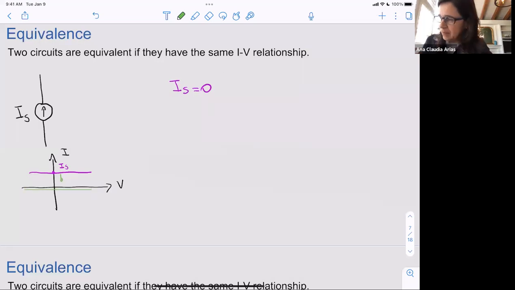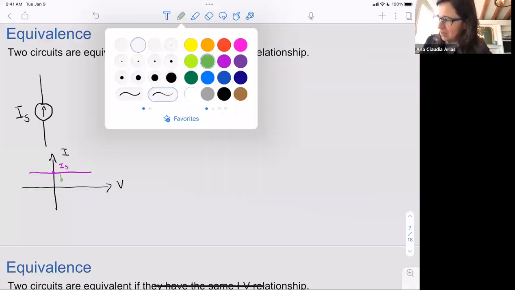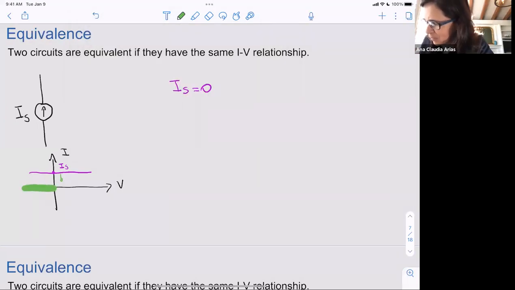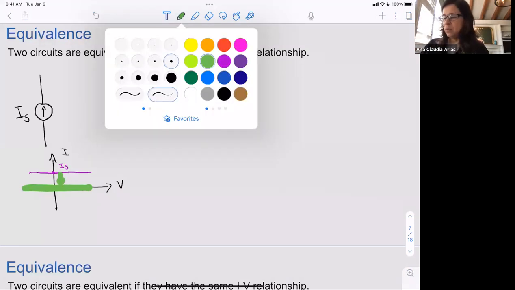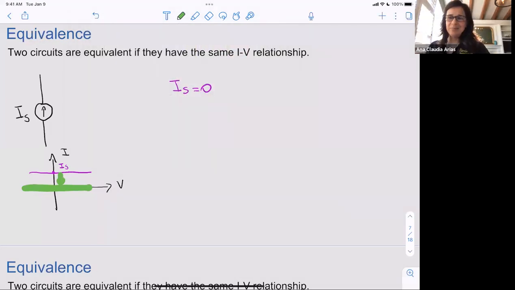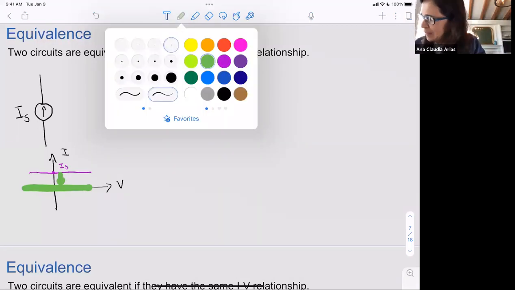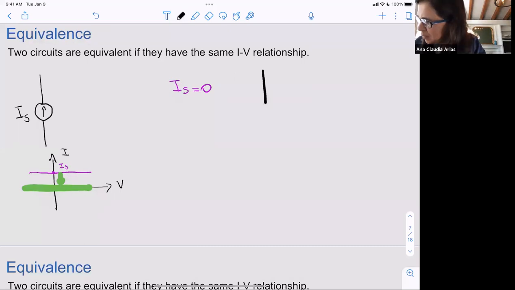Let me make my line thicker so I can hit the axis. Much better. So that is going to be when Is equals 0. What element looks like that? If there is no current, thank you. Very good. I like it much better with this type of participation. This is an open circuit.